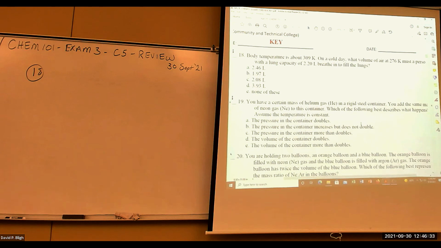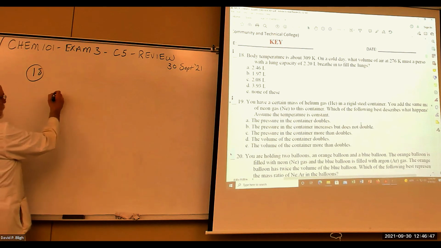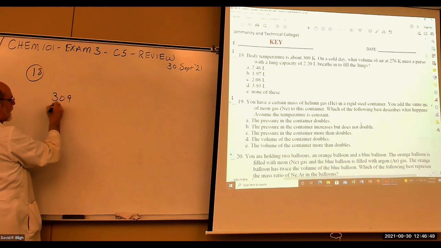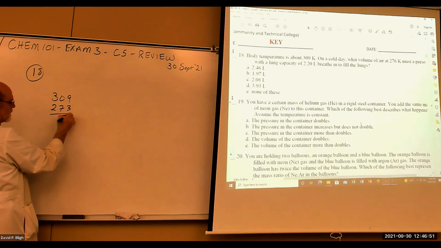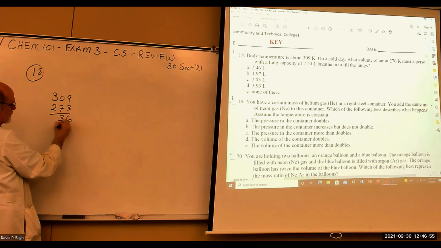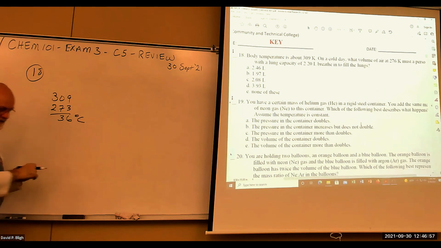Okay. Body temperature is about 309 K. It's a good thing they said about, because I know for a fact what we take as normal body temperature. 309 K would be what? 309 minus 273 would be 36 degrees Celsius. You know what body temperature is in Celsius?